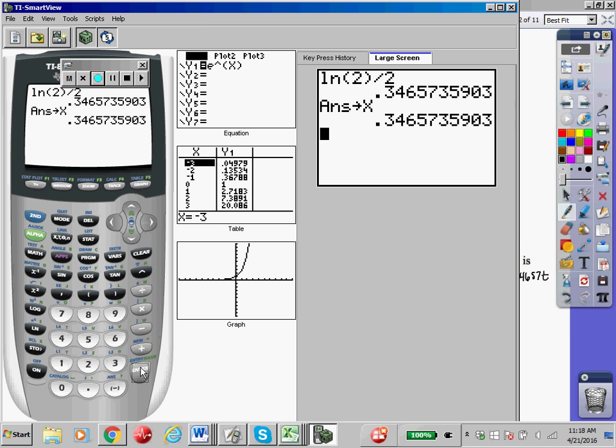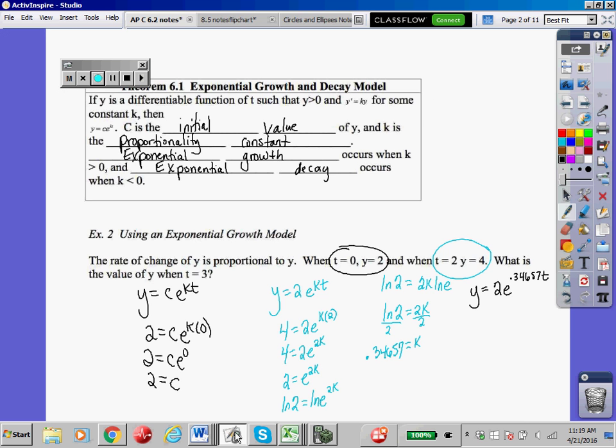Now watch this. I'm going to go back to my slide a moment, because when it says, what's the value of y when t is 3? Watch this, so that you can shorten what you're writing, but we're not going to skimp on the actual number.